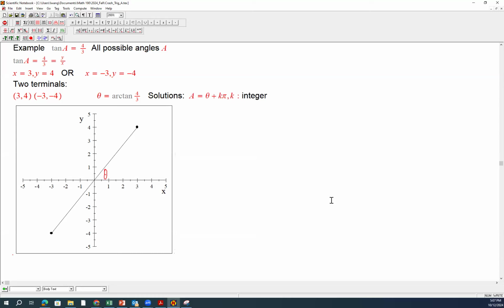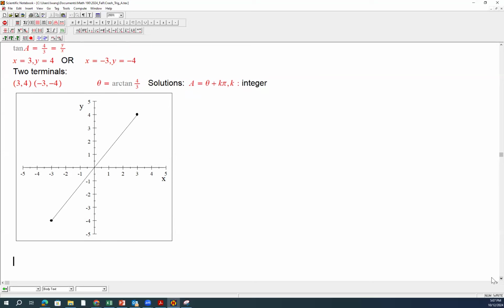And once again, we're going to talk about the construction of arctangent later. But for now, you just need to know arctangent is a very useful function. So I'm going to show you right now.